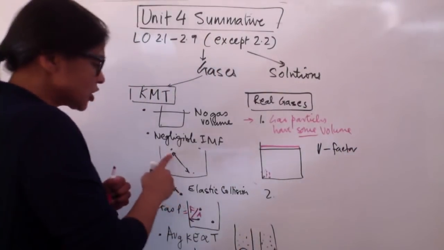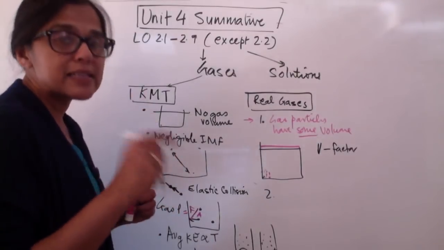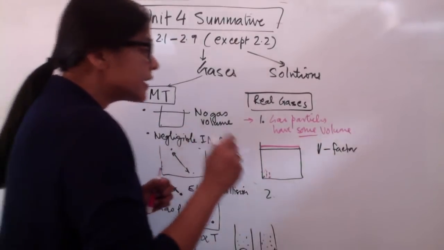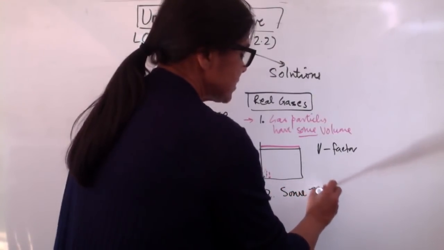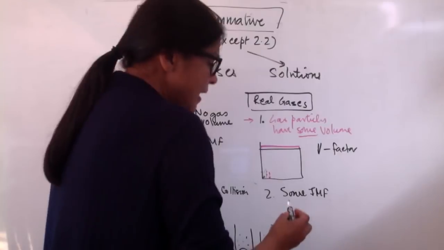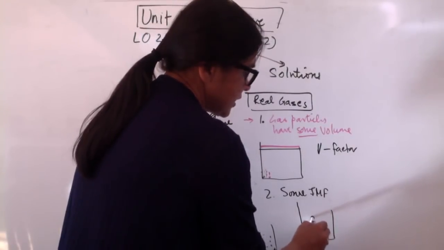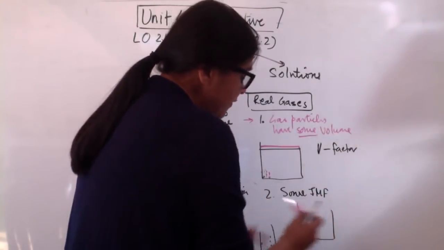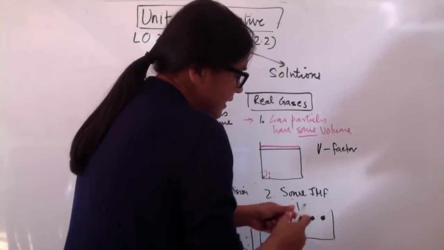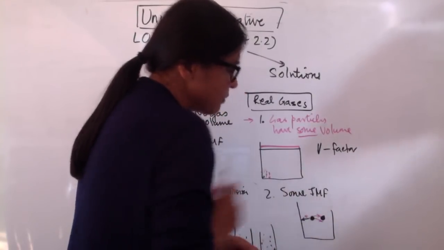Similarly, our second postulate was that there are no intermolecular forces between gas particles, and that's again faulty. There are some intermolecular forces that exist between gases. And what happens when a particle is moving to collide with the wall of the container? If another particle is attracting it, then this force gets minimized.